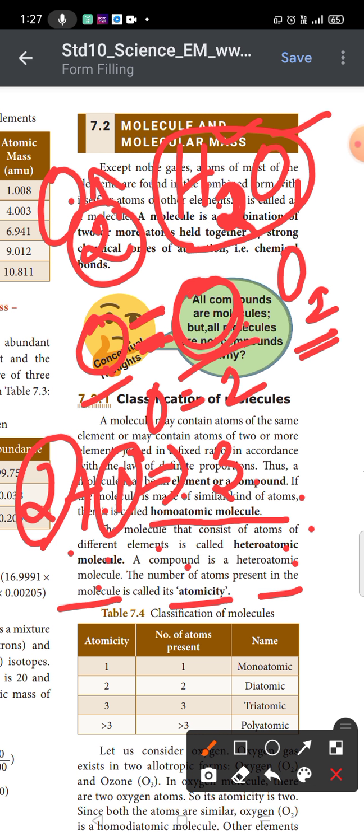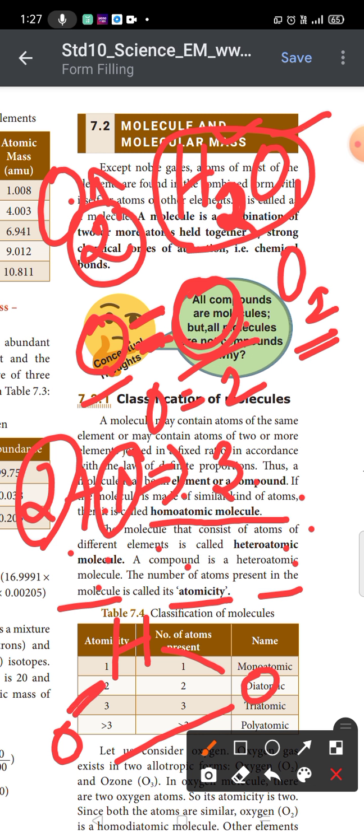You can see the oxygen structure, and we can see the hydrogen structure as H-O-H. Yes, this is the structure of water.